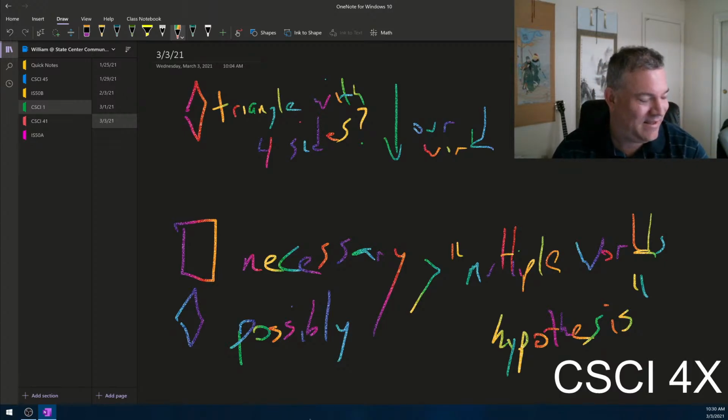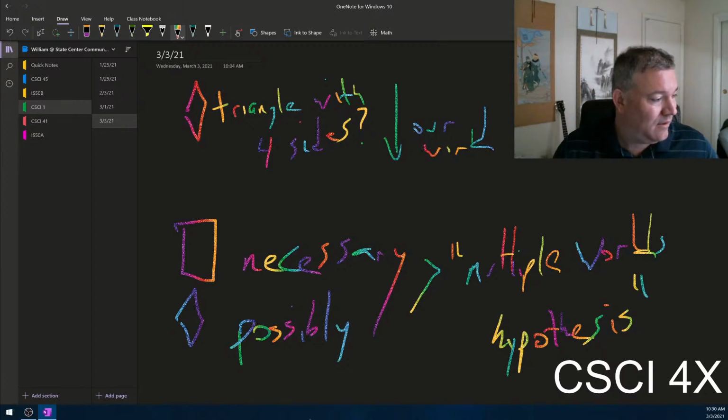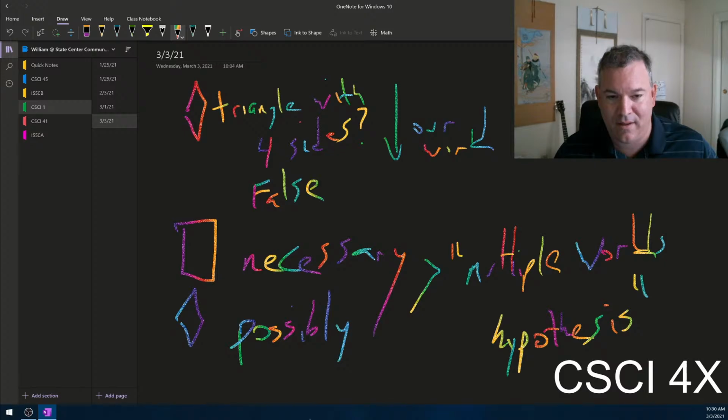I'm using the plain meaning of words. I'm not doing any equivocation fallacies. It's our understanding of the word triangle, right? We're speaking English right now. On Earth, we call those with 4 sides a square. So this is false. It is not possible for a triangle to have 4 sides.